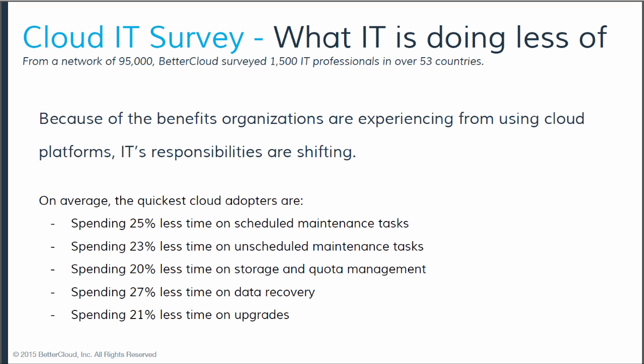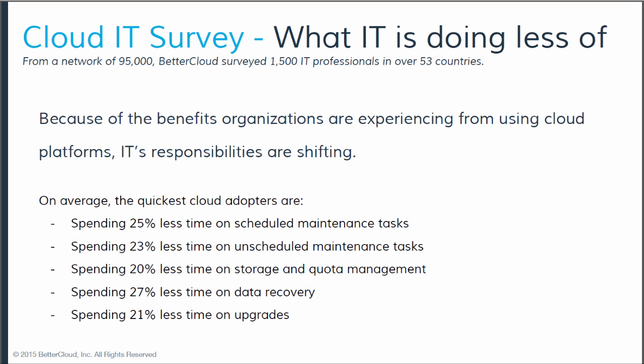We actually did a survey. Better Cloud surveyed over 1,500 IT professionals in 53 countries. One of the big questions was asking what they're doing less of. With this big generational shift in IT, what tasks are you spending less time doing?